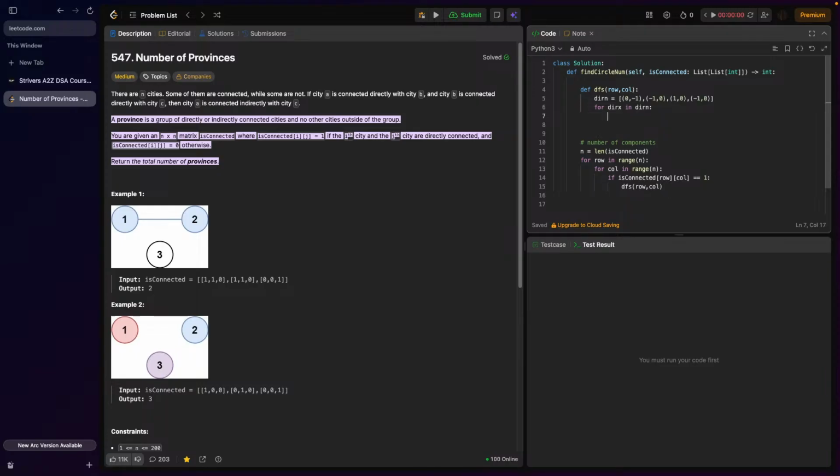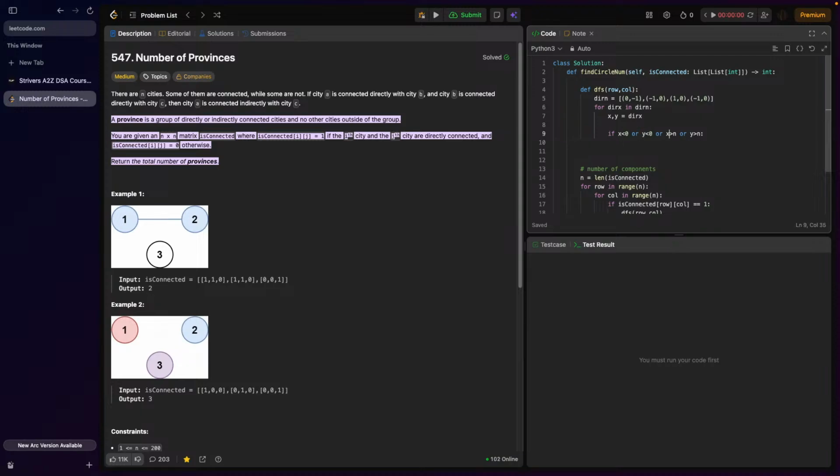After this, let's take x, y equal to direction, and you've got the x and y. Now we have to check if x is less than 0 or y is less than 0 or x is greater than n or y is greater than n.